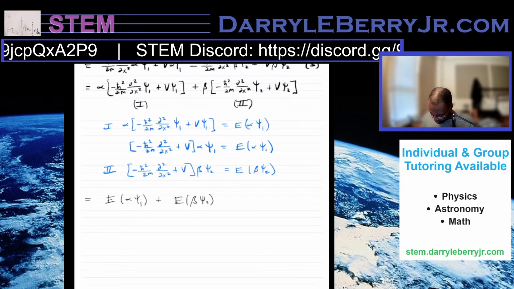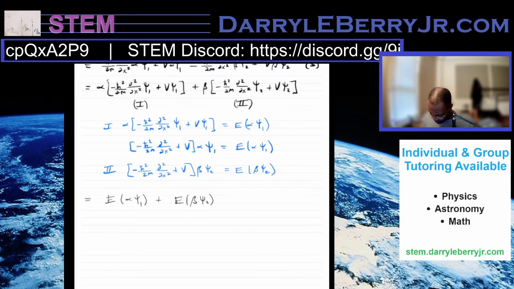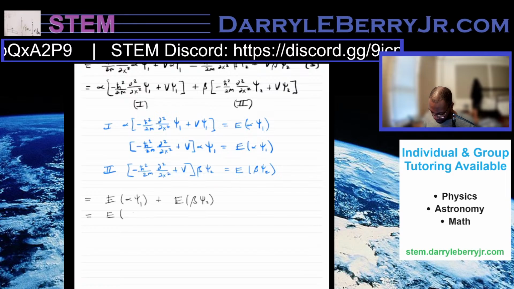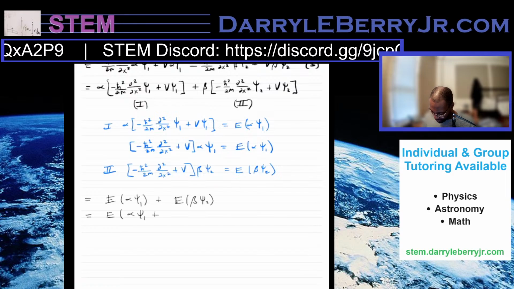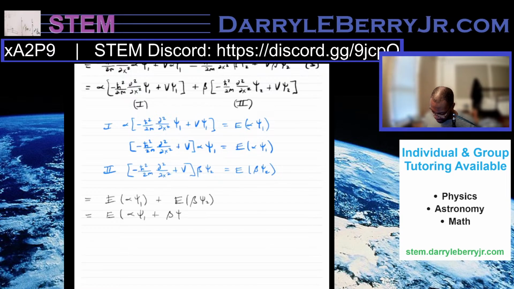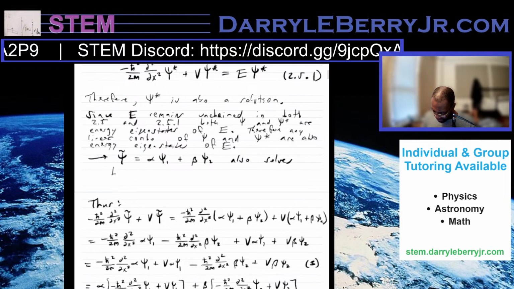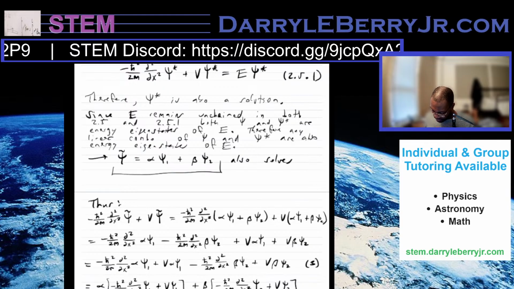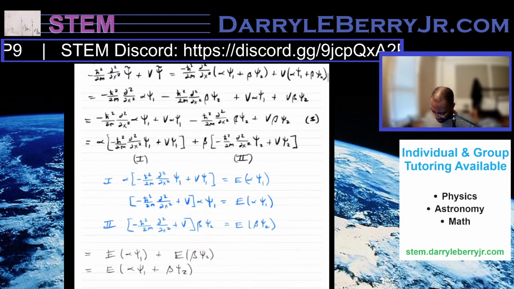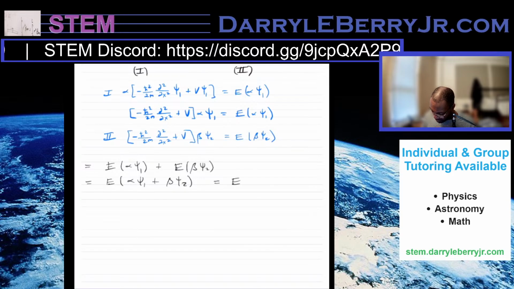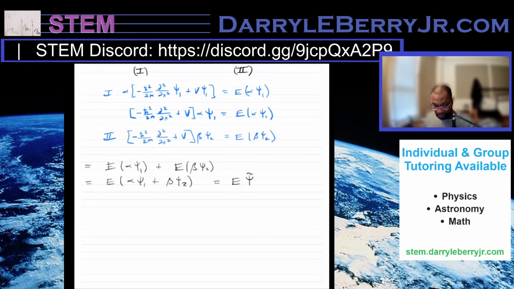And I can further simplify these. E times alpha psi 1 plus beta psi 2. And we know from earlier that psi tilde is alpha psi 1 plus beta psi 2. So we get E psi tilde.